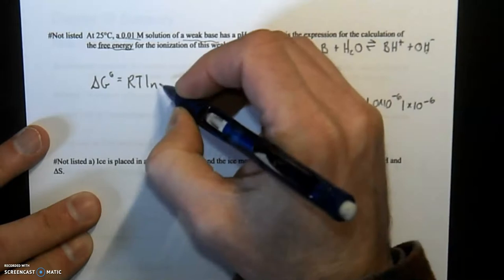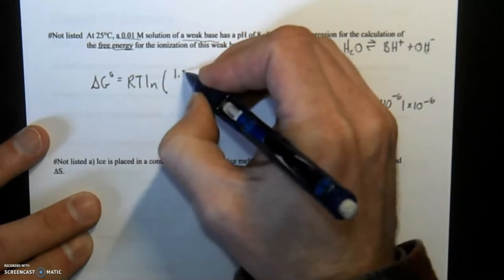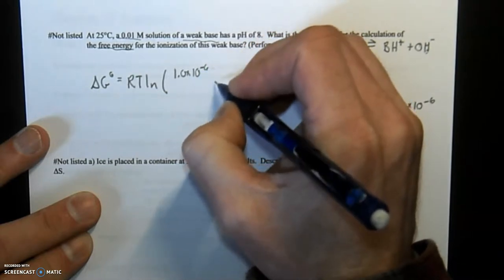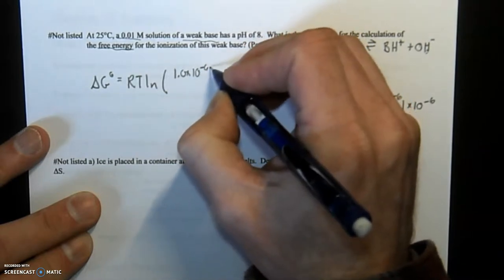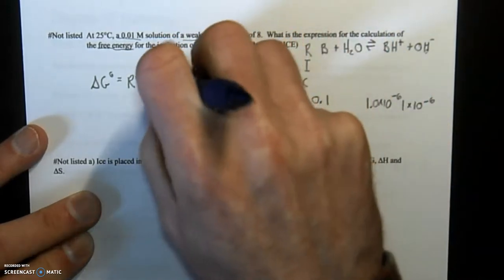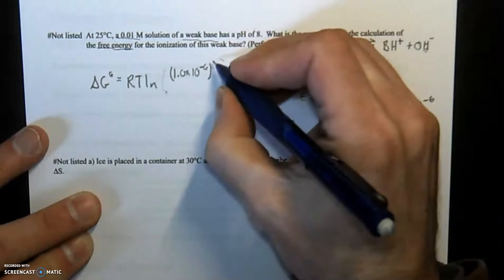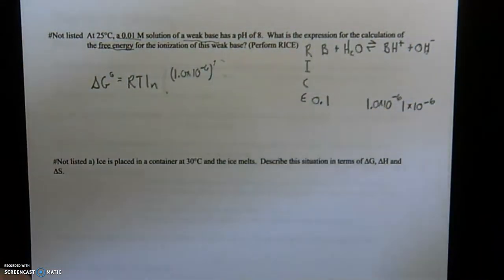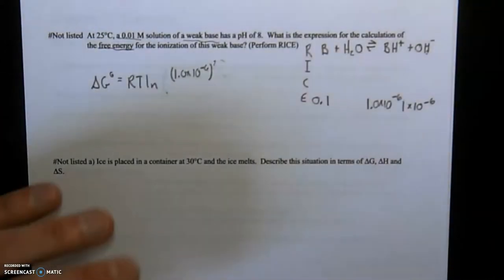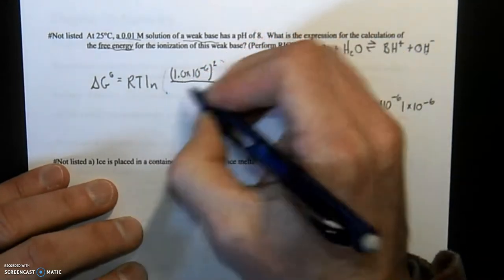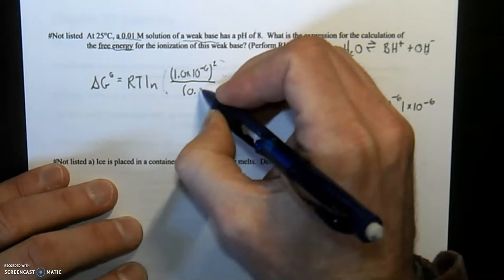Natural log of 1.0 times 10 to the negative 6, and I made this too big. How about this? Squared over 0.01.